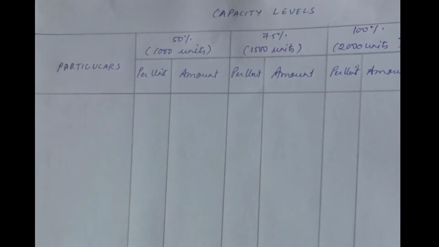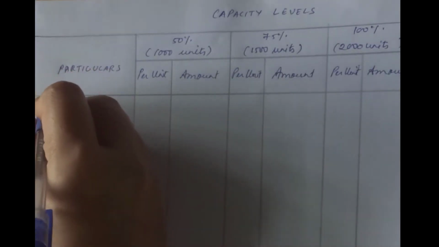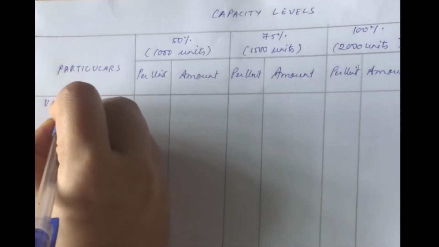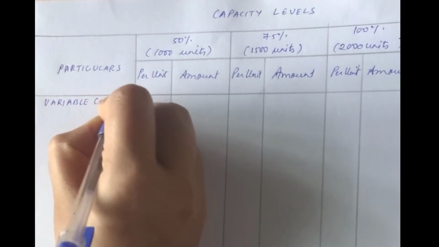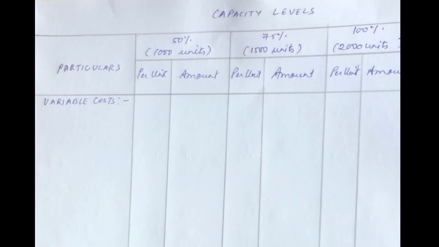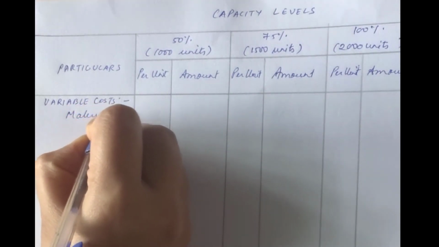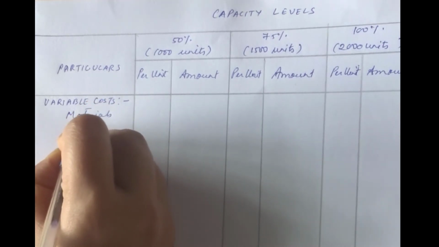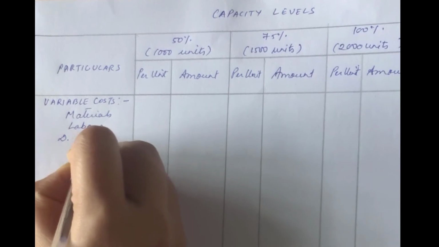Okay, now after putting this 2000 units, we will go step by step with the particulars, what to write in the particulars. First we will start with variable cost. Now what are the variable costs given in the question? We have materials, labor, and direct expenses.